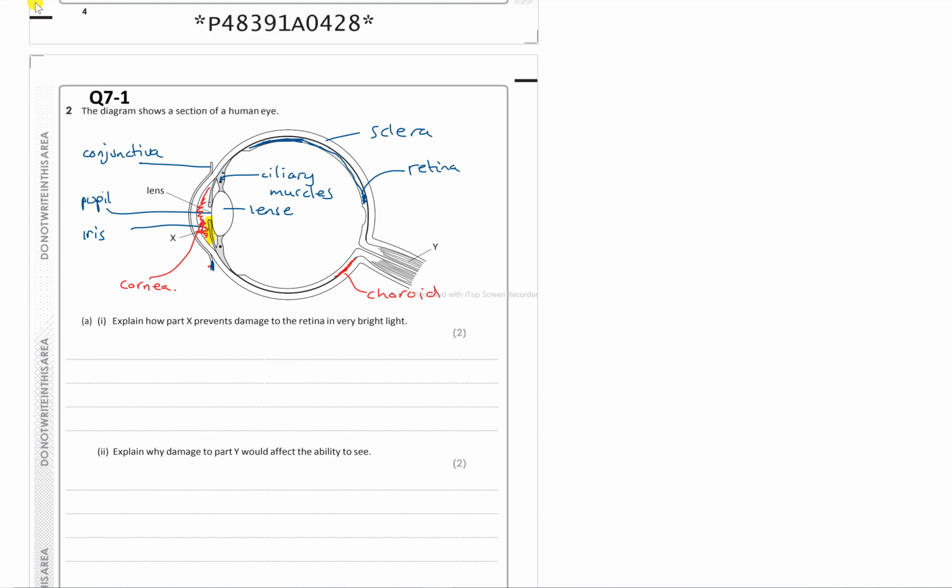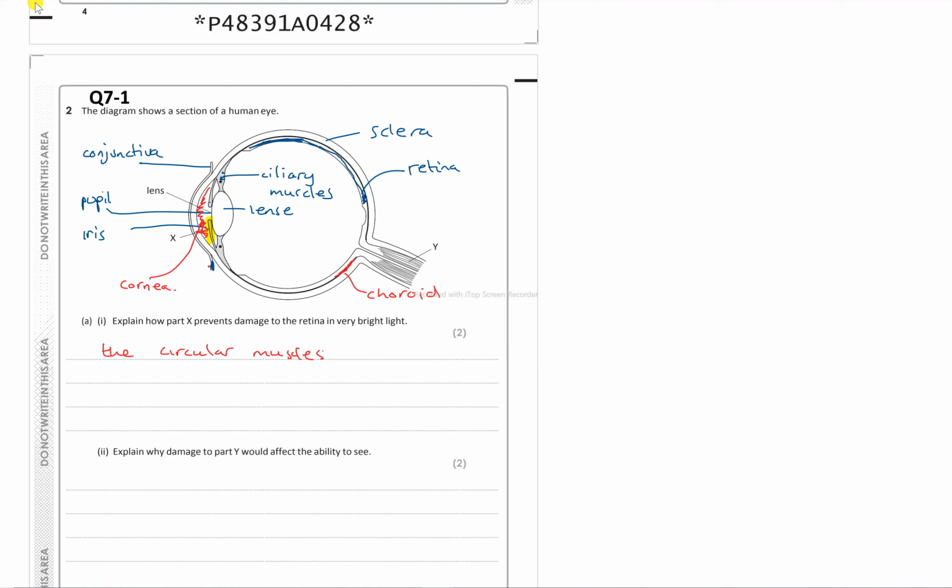How does X prevent damage to the retina in very bright light? So what happens is the circular muscles, we want it smaller, yeah?